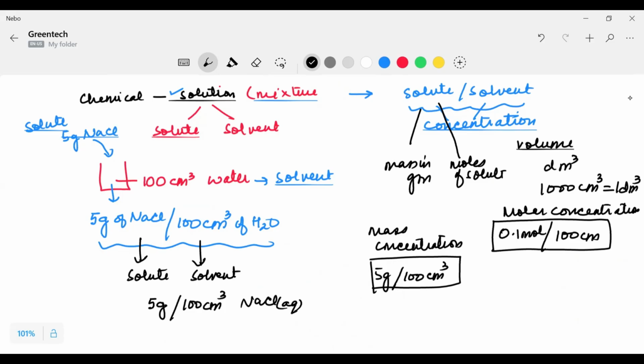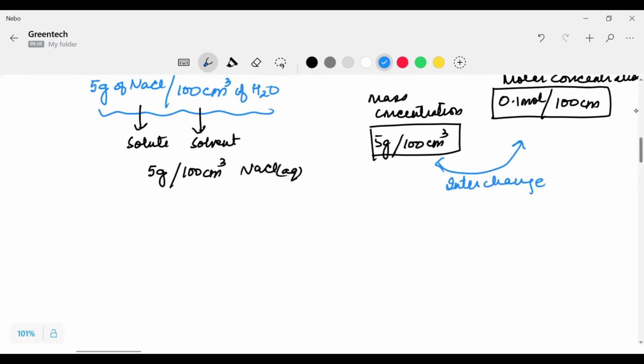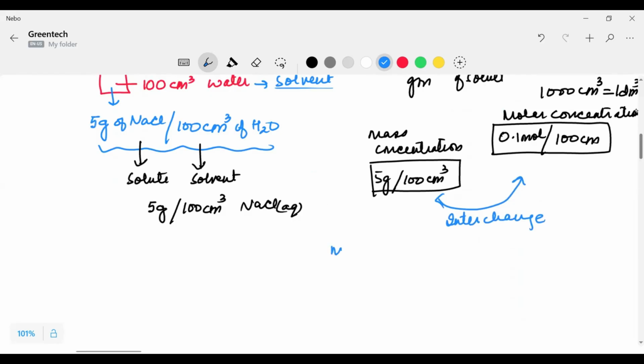If the solute is in mass, we call it mass concentration. If the solute is in moles, we call it molar concentration. And both of them are interchangeable, because we very well know how to convert moles into mass and mass back into moles by using the formula moles equals mass over AR or MR. So if the mass is given to us, we can easily calculate the moles, or if the moles are given to us, we can easily calculate the mass of a substance.